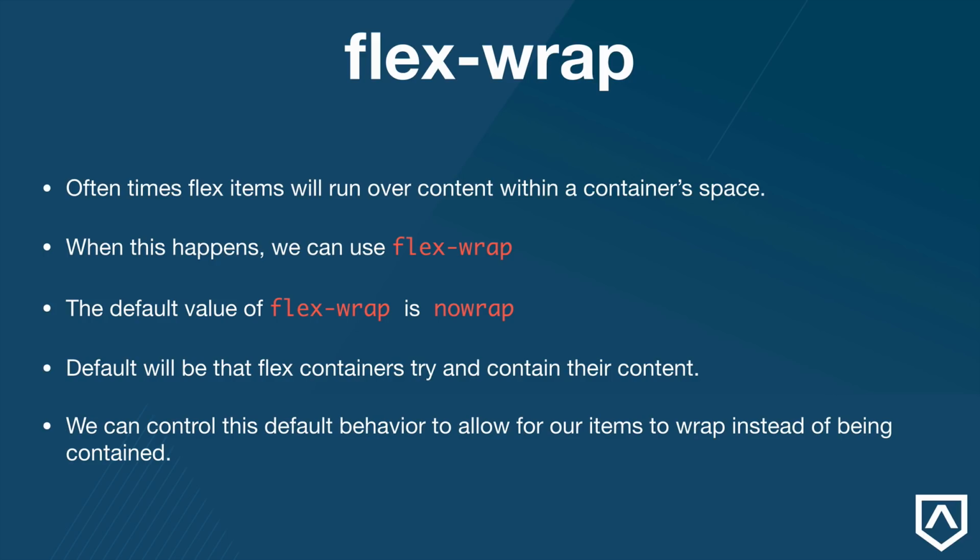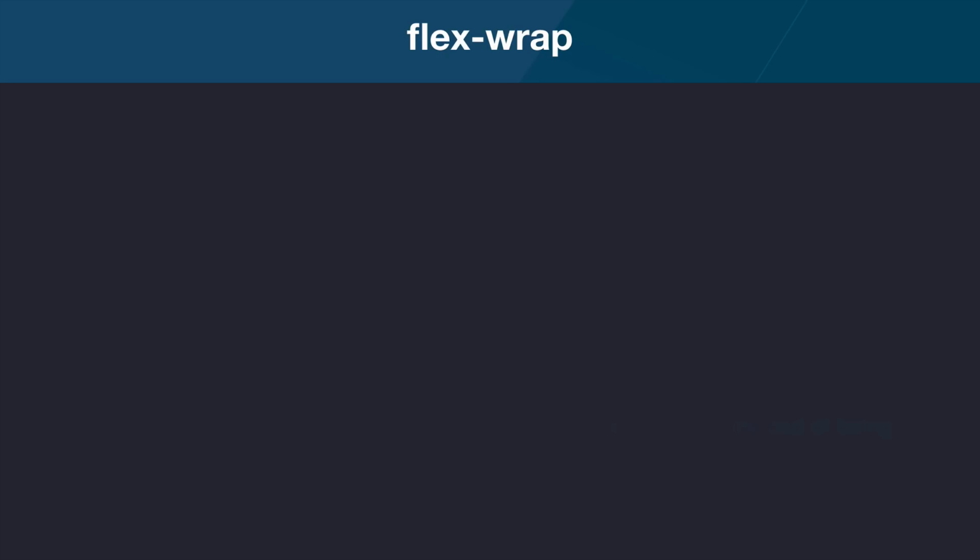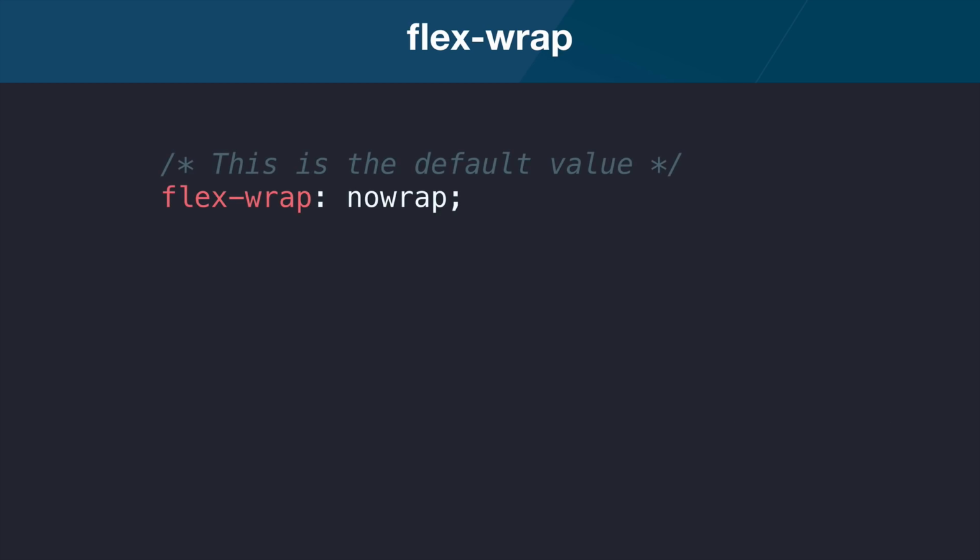So let's look at how we can utilize Flex wrap to get the job done here. The default value, once again, is no wrap, meaning our content is going to try and be constrained to the container, which means, of course, that it's going to potentially look ugly if we have a ton of items in our container.